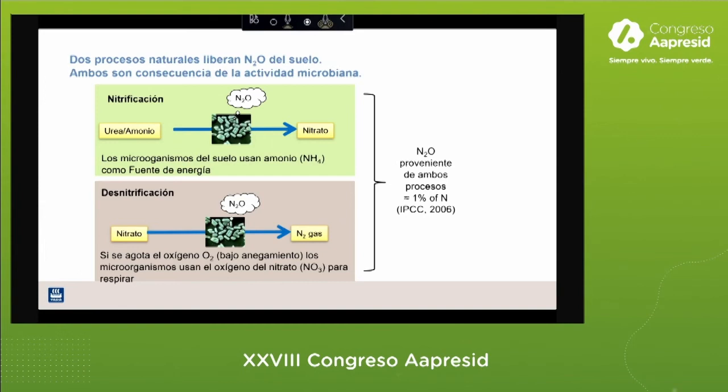This produces N2O as an intermediate product, and can lead to some peaks in N2O emissions, for example, under waterlogging conditions, or if there is a very heavy soil together with a lot of rain. That can have consequences in terms of N2O emissions. On average, the two processes are estimated to lead to about 1% of N2O nitrogen per unit of nitrogen applied, but this is very variable.